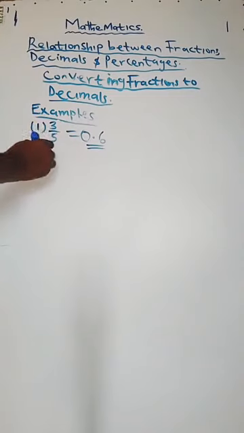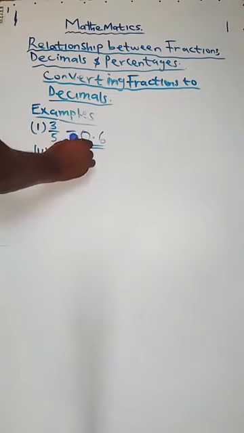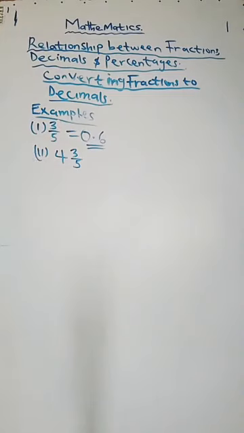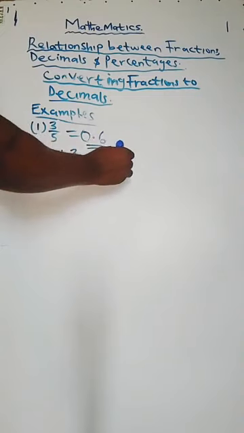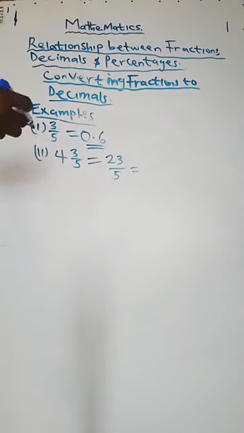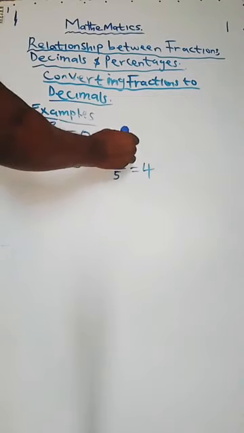Let's look at another one. Let's say you have 4 whole number 3 over 5. This is a mixed number and it's also one of the types of fractions. The best way to do this one is to convert it from a mixed number to an improper fraction. How do we do that? 4 times 5, 20 plus 3, 23 over 5. Then we'll now take this one to decimal. How many 5s can we see in 23? 4. What do we have left? 3.